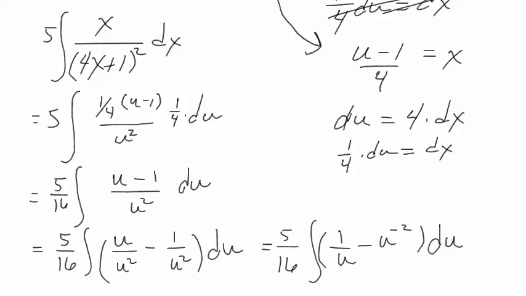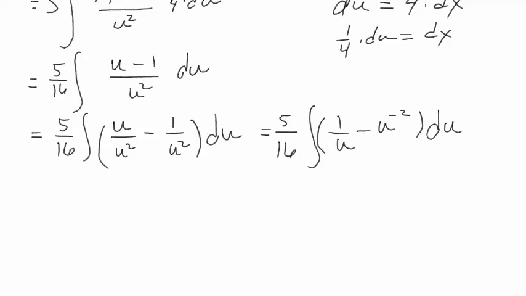We're going to leave it just like that. So this becomes what? 5/16. The integral of 1 over u is the natural log of the absolute value of u. And then this, we add 1 to the exponent, and we put the exponent down here in the denominator. And what do we do now? We say plus c.